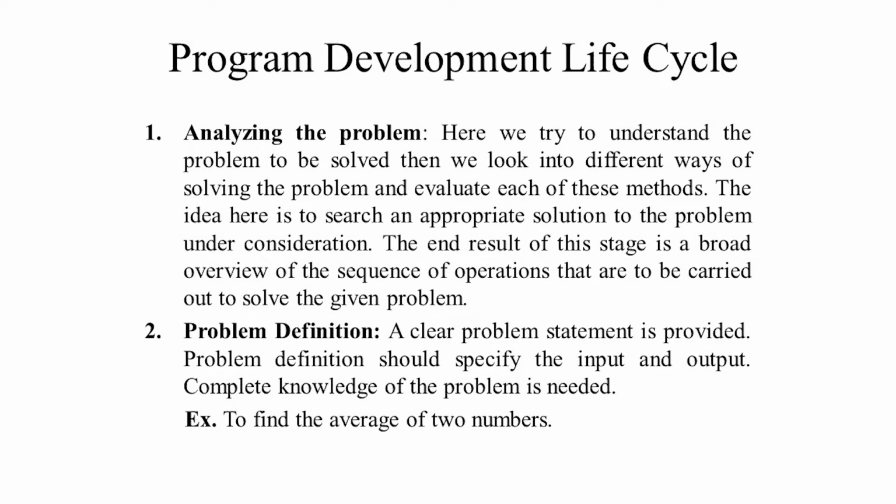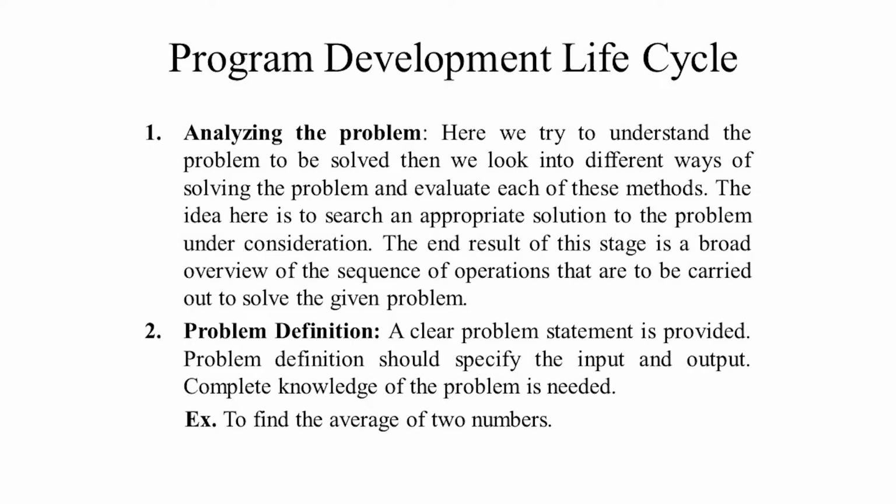The next step involved in the development life cycle is problem definition. So here a clear problem statement is to be provided. That is nothing but the objective of the problem should be defined. That is, the complete knowledge of the problem is to be specified, and all the inputs and outputs should also be specified.